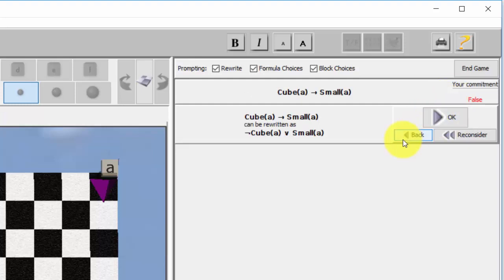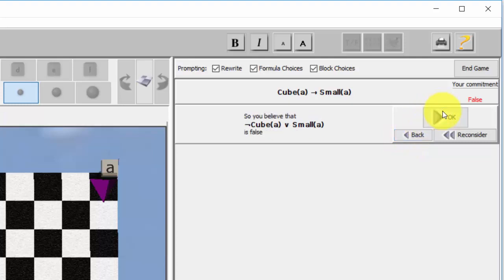Yes, I believe that if A is a cube, then A is small is false. And notice it tells us that if A is a cube, then A is small can be rewritten as either it's not the case that A is a cube or A is small. Turns out those are logically equivalent, because in any of the three cases that make it true, it'll either turn out that the antecedent is false, or the consequent is true.